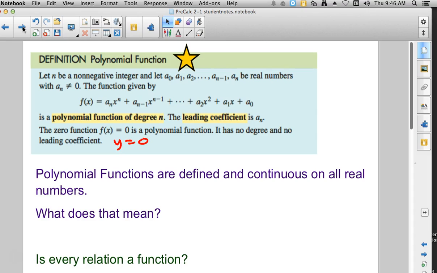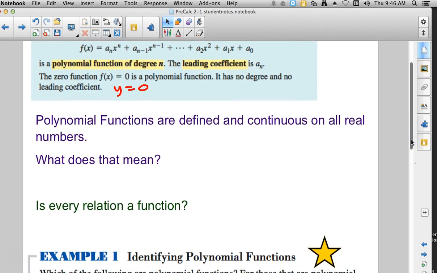So polynomial functions are defined and continuous on all real numbers, and we want to know what that means. That sounds like a lot of good gobbledygook, but what does that mean about polynomial functions?